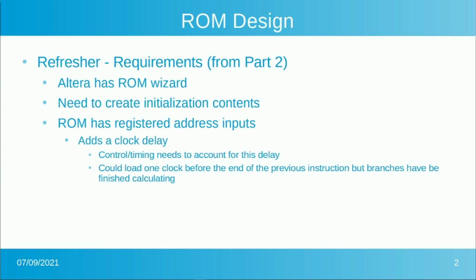So we could do stuff to load it a clock earlier, but it's not worth the effort. Branches make it much more complicated to pre-calculate that, and it's fine. It'll affect the performance by 1 clock, but not a big deal really. In the general scheme of things, 12.5 MIPS is pretty darn good for a tiny little CPU.